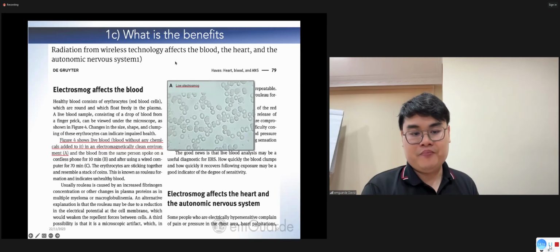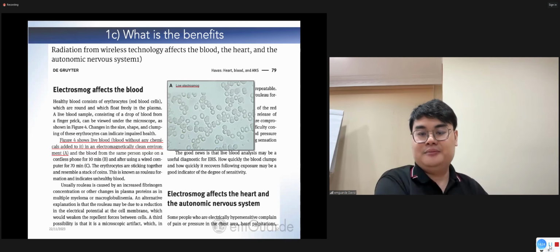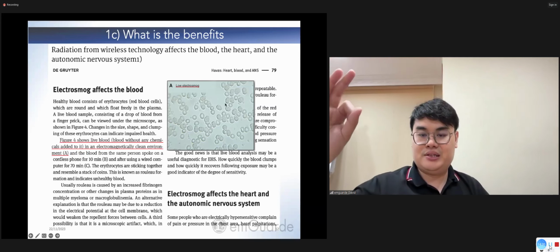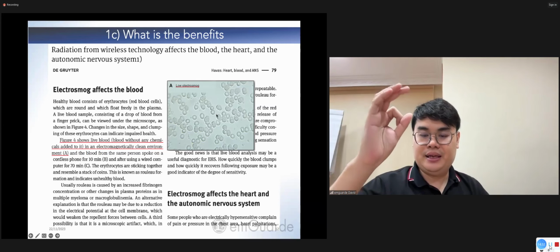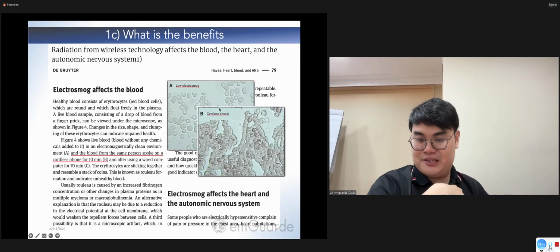This is shocking, yeah? Now, she discovered that blood without any chemical added to it, in an electromagnetically clean environment, this is how it should look. Okay, so the hemoglobin, which is the red blood cell, flows freely, it goes individually like this. All right. Now, what happens next is that she put herself into tests.